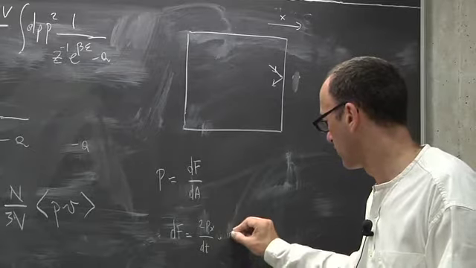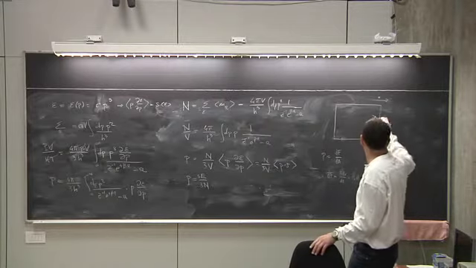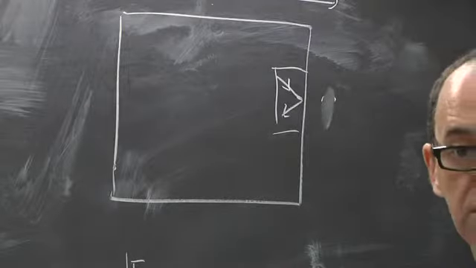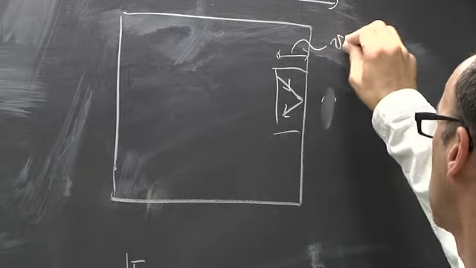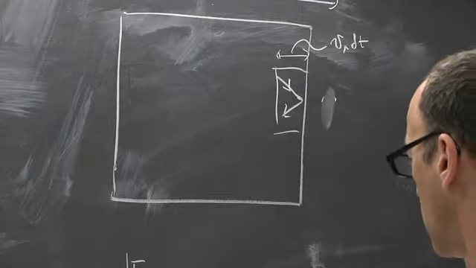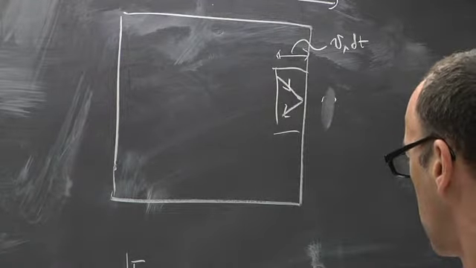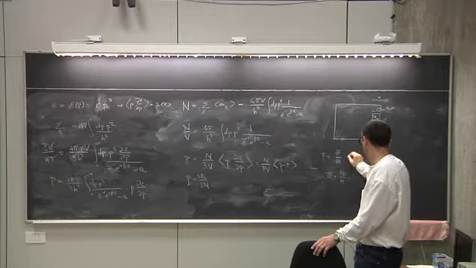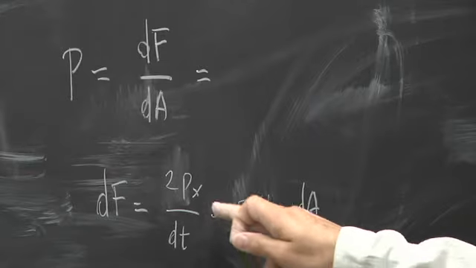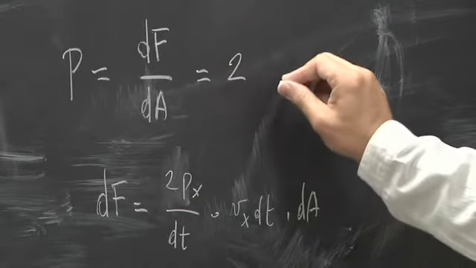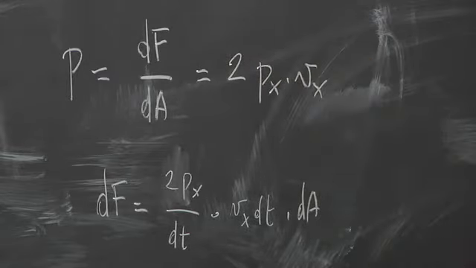This will be proportional to the number of particles in a small volume close to the wall. The size of this thing should be Vx times dt, and then you multiply the volume by dA. So the pressure from this will be equal to twice Px times Vx.